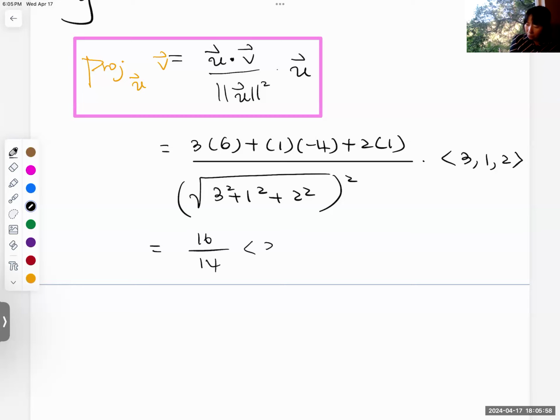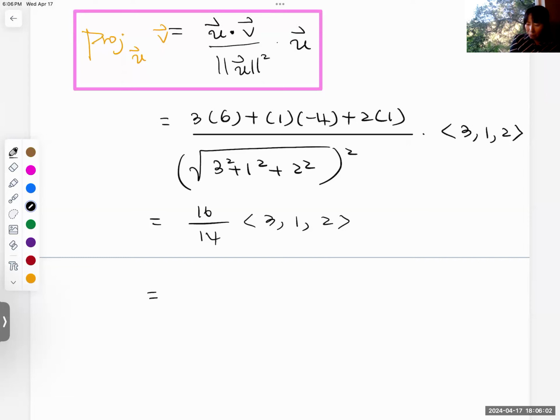Very good. And 3, 1, 2. Then we can simplify more: 14 over 14 becomes 1 over... 8 and 7.